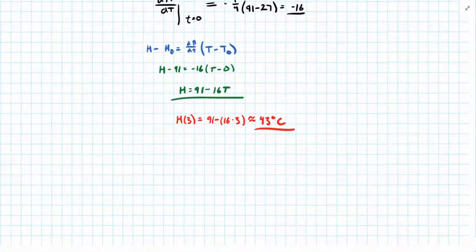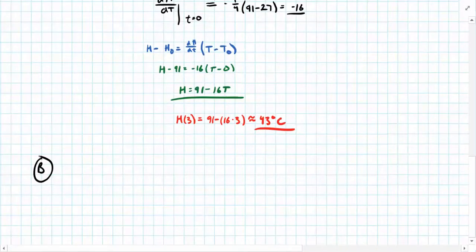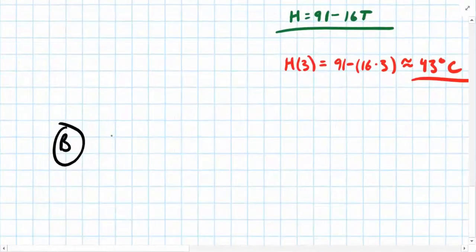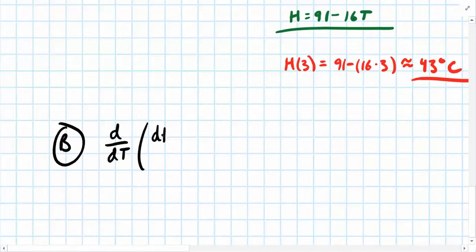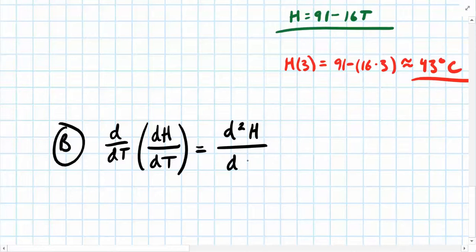So it's useful to understand what the second derivative is in terms of the first derivative, and it's simply d dt of dh dt, which equals d squared h over dt squared.